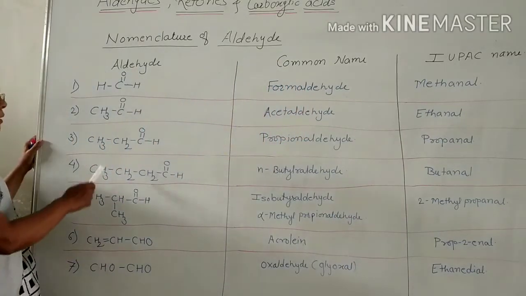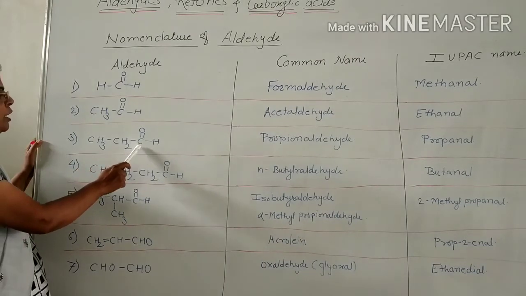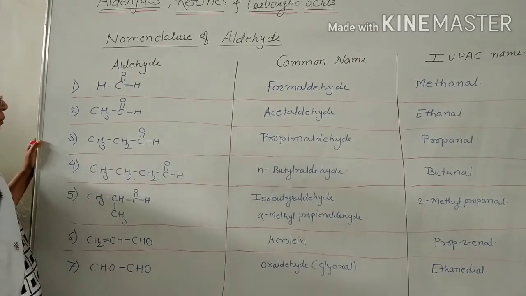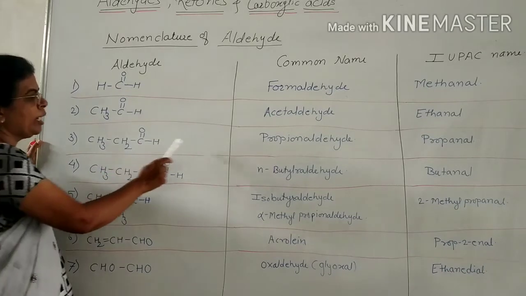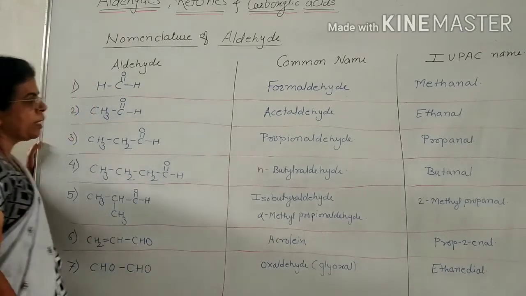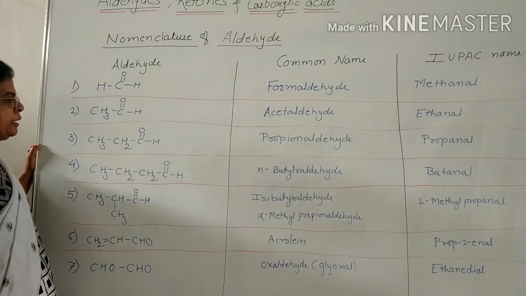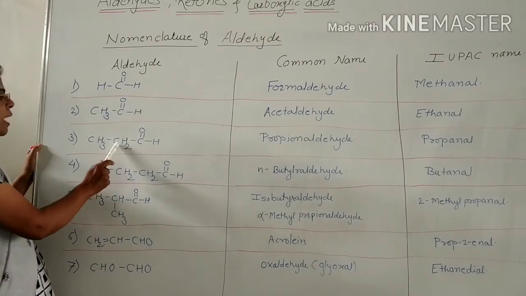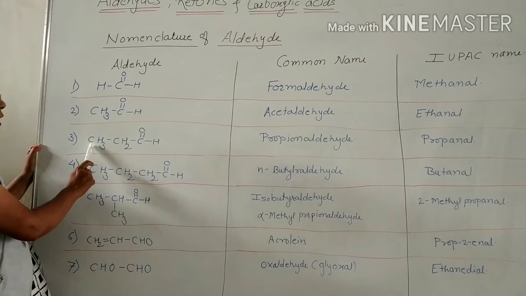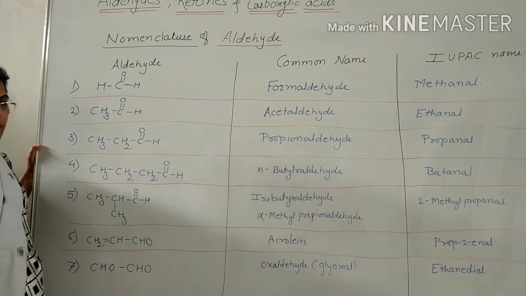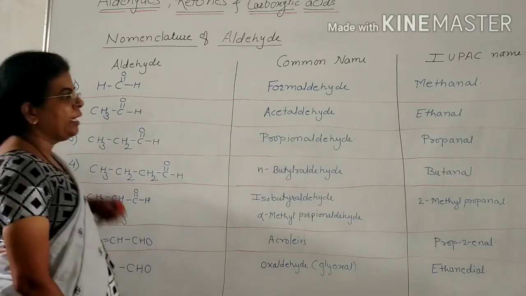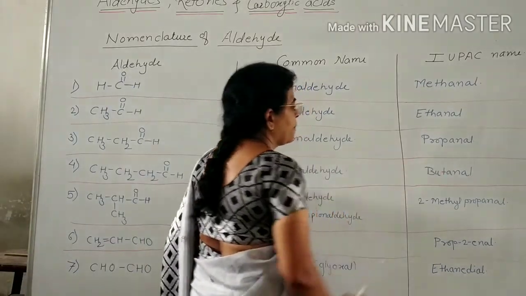Now third example, CH3CH2 C double bond O H. The common name of this compound is propionaldehyde. Now the IUPAC name. There are 3 carbon atoms in the aldehyde, therefore the parent alkane is propane, and replacing E from propane by al, it becomes propanal.